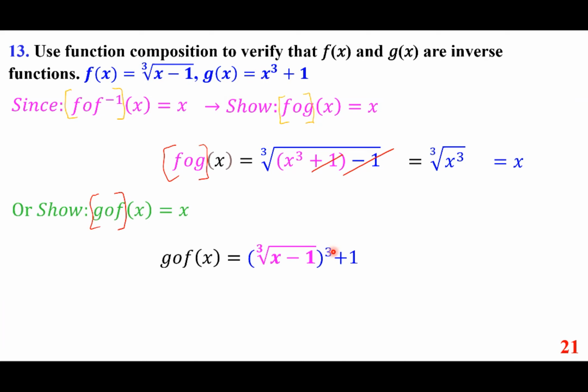So the cube root and the exponent 3 cancel each other. X minus 1 comes out. Obviously, minus 1 and plus 1 cancel each other. The answer is x. And again, that's a proof. You don't have to use both of them. One is good enough for the proof.